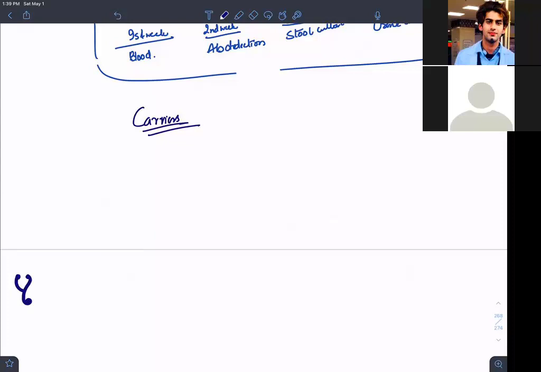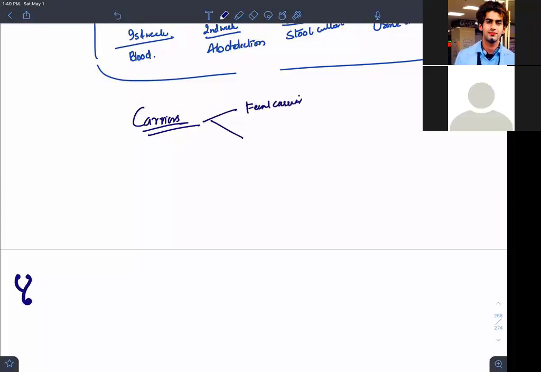If it is a urinary carrier, then you will say it is in the kidneys. If you say carrier state, I will say urinary carrier, related to the renal system. If you say fecal carrier, I will say gallbladder. So fecal carrier is more common. So we have two carriers. We have fecal carrier.